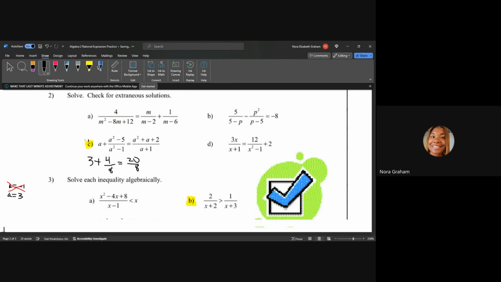Right. I can rewrite this as 3 over 1 plus, reduce that down, 1 over 2. I can pull out a 4 from both of those. This is just going to be equal to 6 plus 1, 7. So I have 7 over 2.